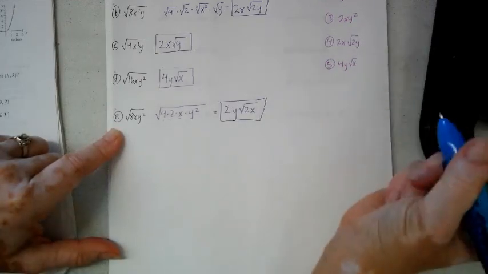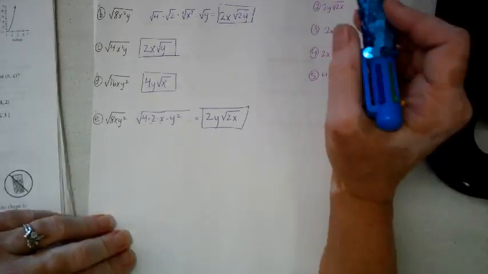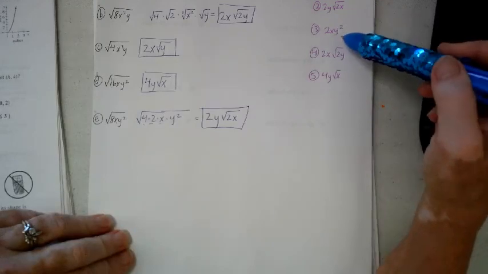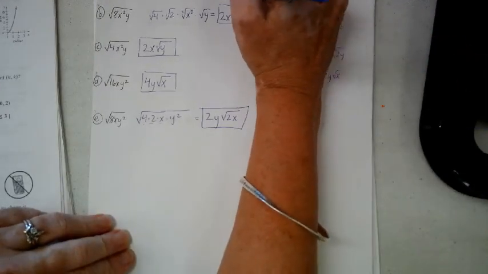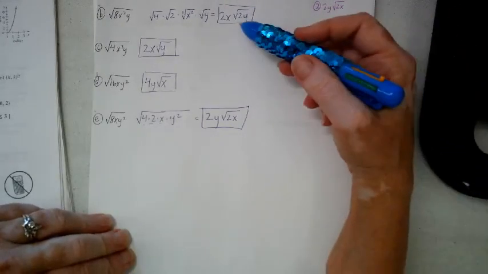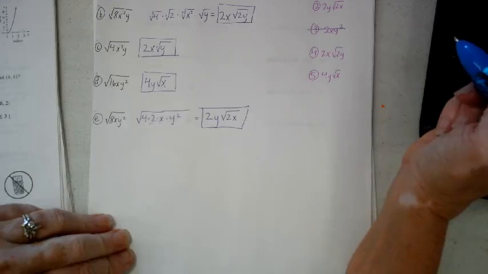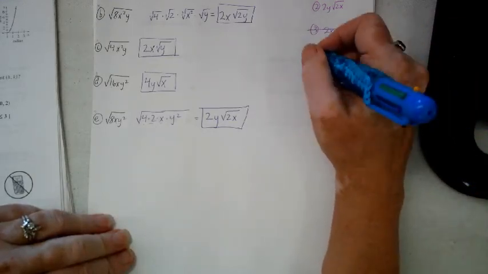And then we can just go through and try to match. So this one is 2xy squared. I think that goes with number 3, and let's cross that off. And then 2x root 2y, that's number 4.